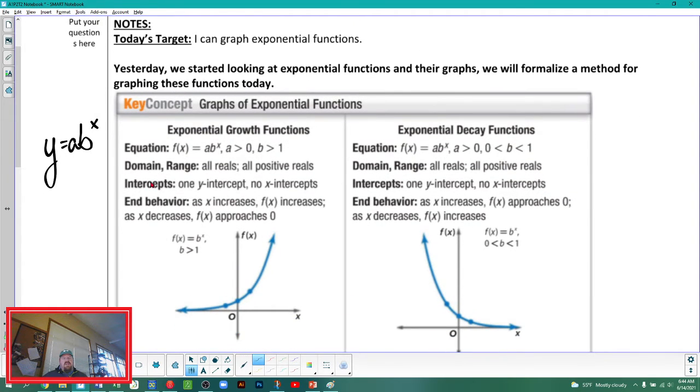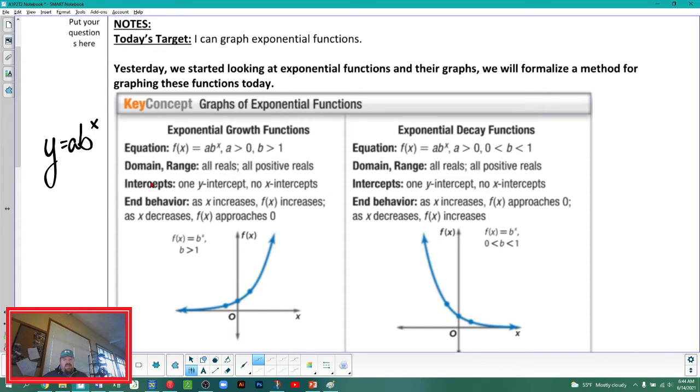The domain and range. The domain is all real numbers. You can put any number into this equation and it's going to work out. As far as numbers that you can get out of this equation when you plug numbers in, you have all the positive real numbers, so everything greater than 0 for a y value.